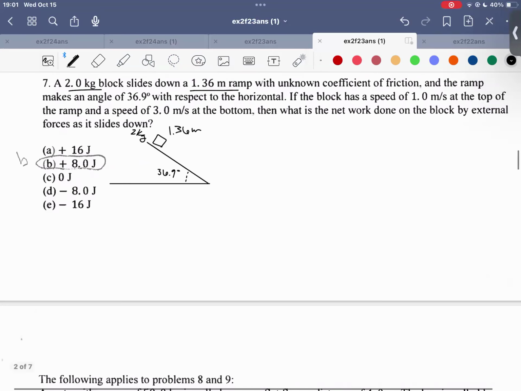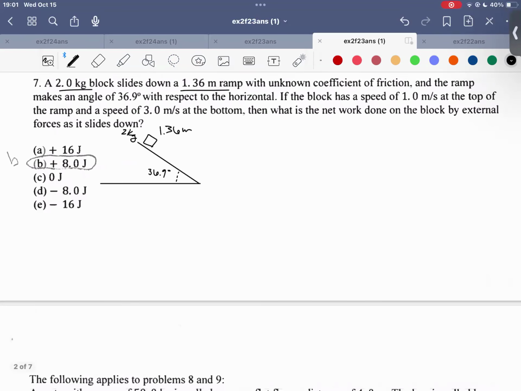We're told the block at the top has a velocity initial of 1 meter per second and velocity final of 3 meters per second at the bottom. So the net work done on the block by external forces, this again is going to make you think of the work energy theorem.